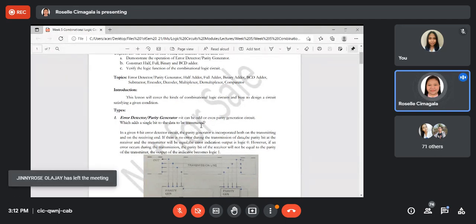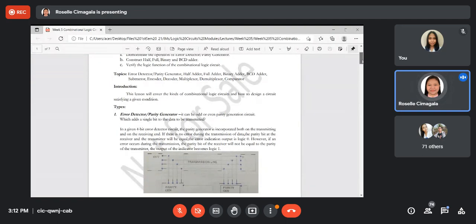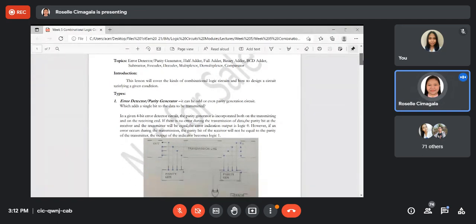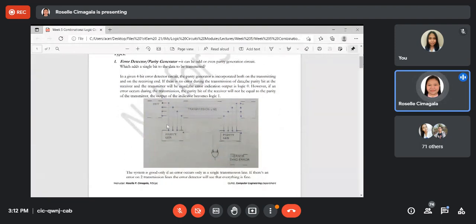When we say odd parity, the number of ones is odd. When we say even parity, the number of ones is even. So it adds a single bit to the data to be transmitted. That would be the definition of a parity circuit.